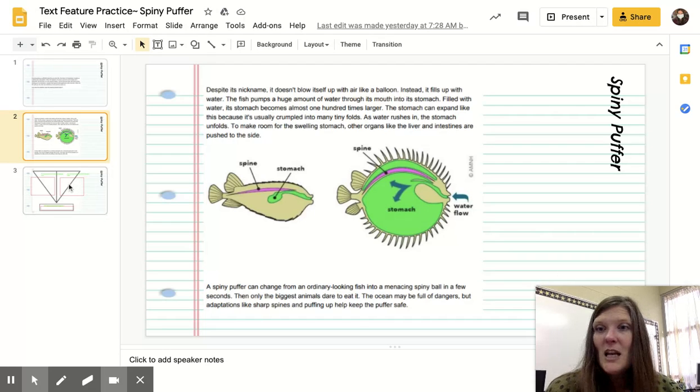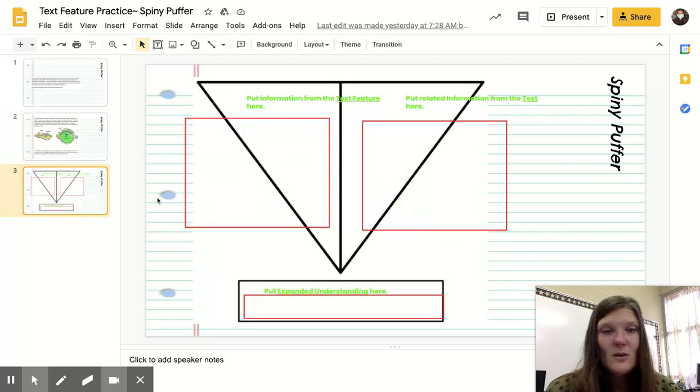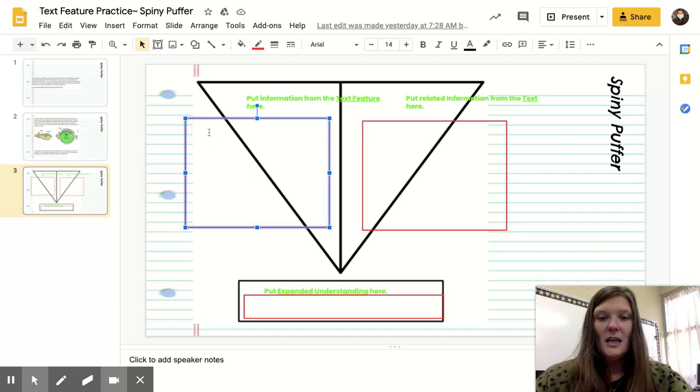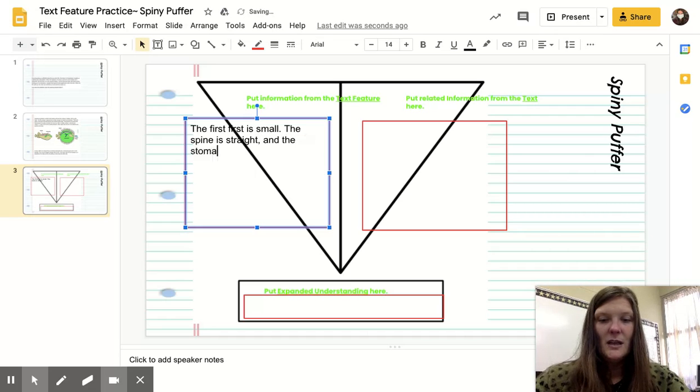Okay, so I'm going to go here to our visual tool and click inside the box. I'm going to write, the first fish is small. The spine is straight, and the stomach is tiny.